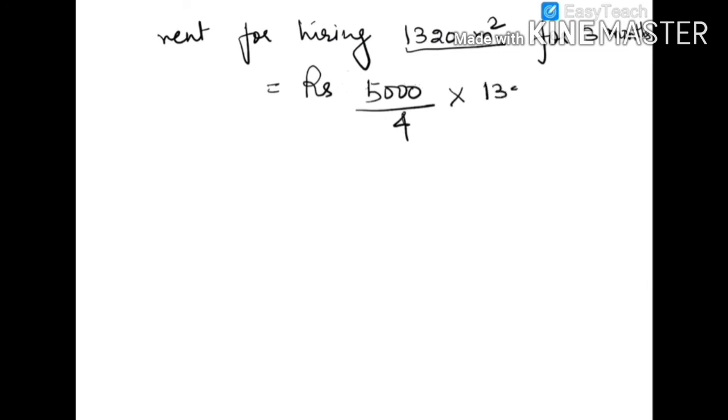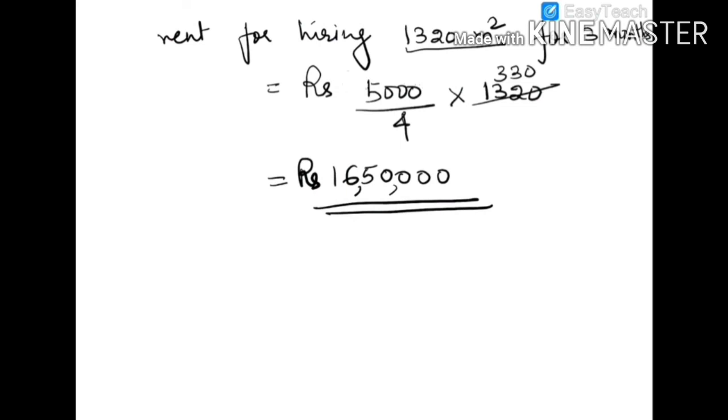That is 1320. Now we have to calculate this. So this gives us 16,50,000 rupees. So the total rent for hiring one wall for 3 months is 16,50,000 rupees.